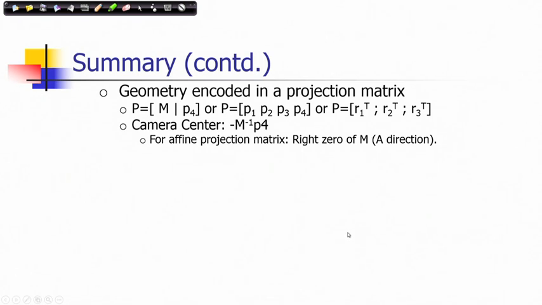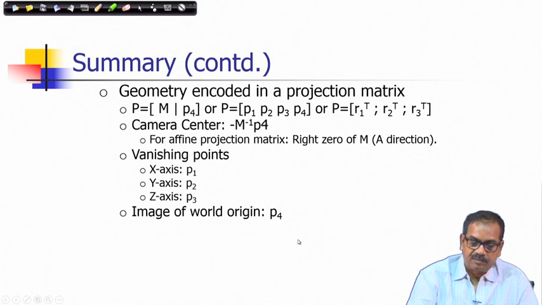It would give you the direction of the parallel rays which form the images. Then we discussed vanishing points in imaging. For example, the vanishing point of the x axis is given by the first column vector P1, then the y axis by P2, and for the z axis, the image of that vanishing point is at P3, and the image of the world origin is at P4.